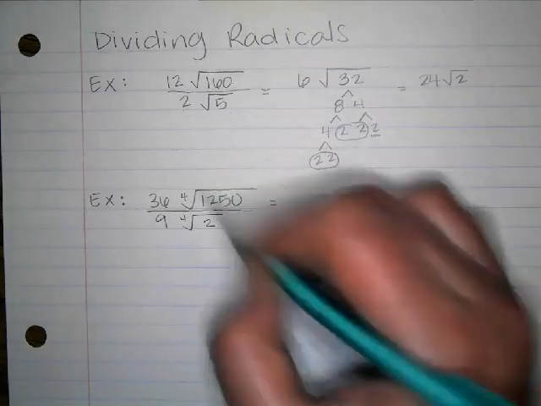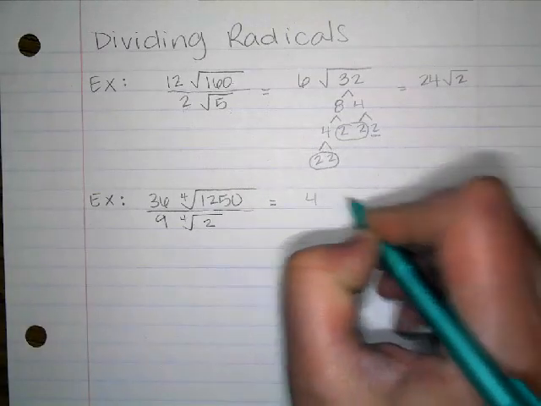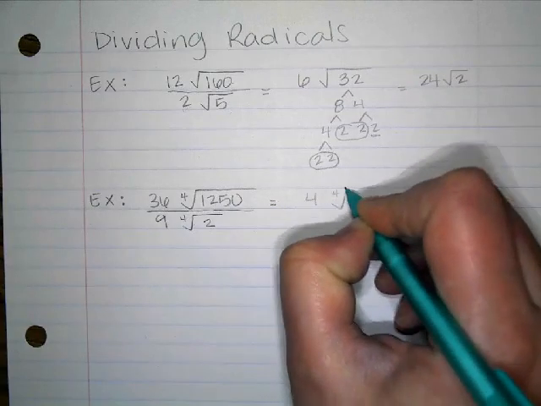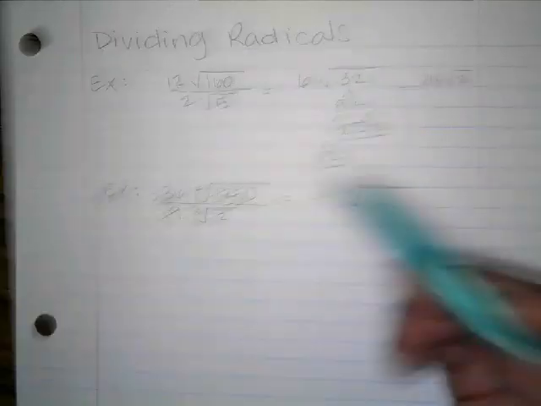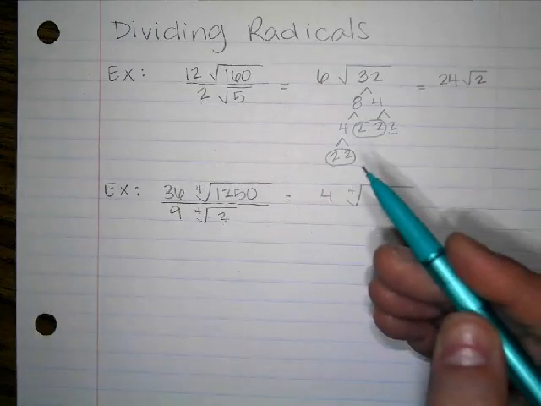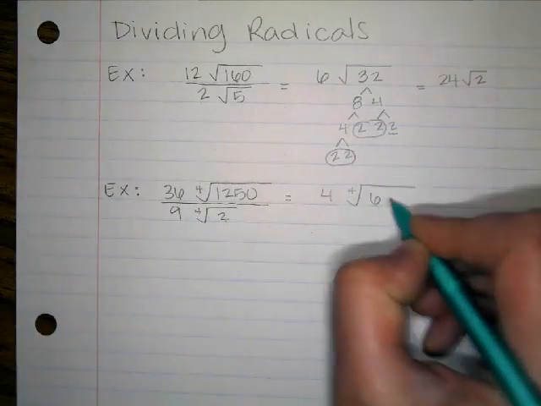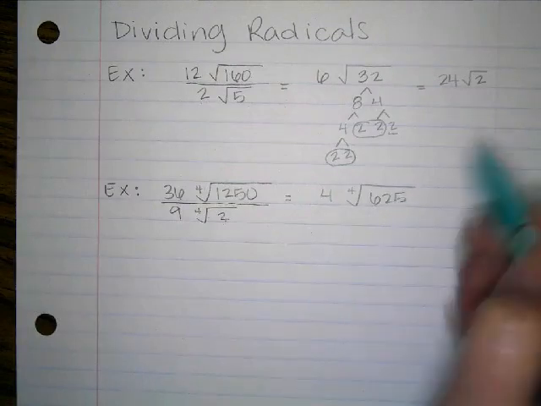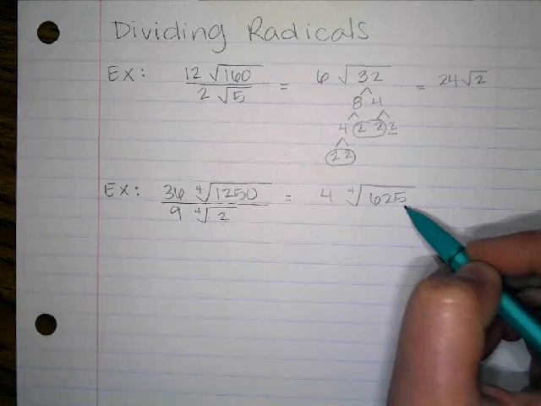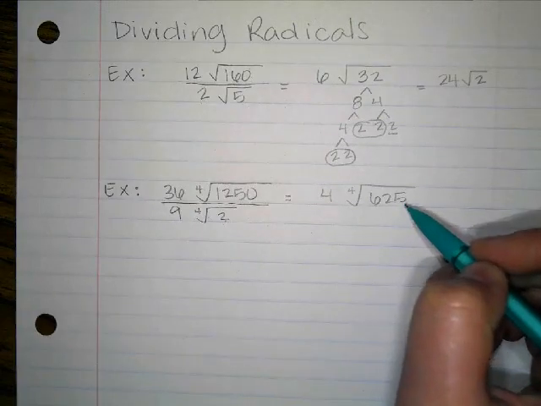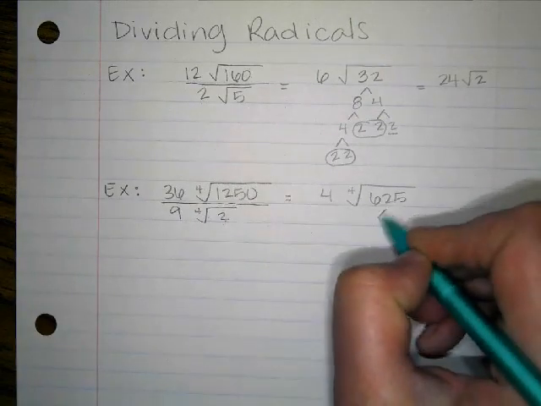Okay, 36 divided by 9 is 4. And then 4 through. This divides evenly. I mean, it should divide in 2. What do we get? 625. Okay. Is 625 a perfect quadruple? I don't know my quadruples.